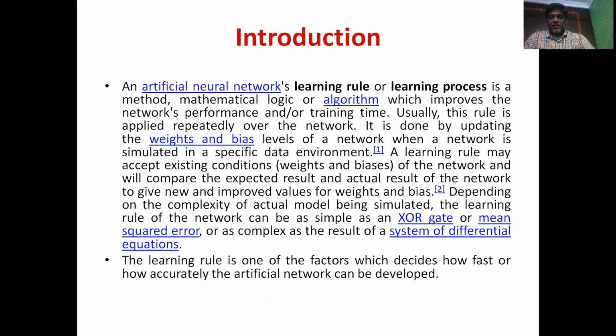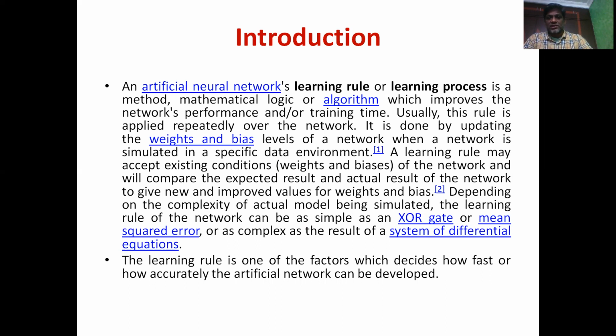The learning rules may accept the existing conditions, that means the present weights and biases of the network, and compare the expected result and actual result of the network to give new improved values of weights and biases. So based on the present weights and biases and the expected target value, the neural network will always try to adjust the corresponding weights to produce the target outputs.